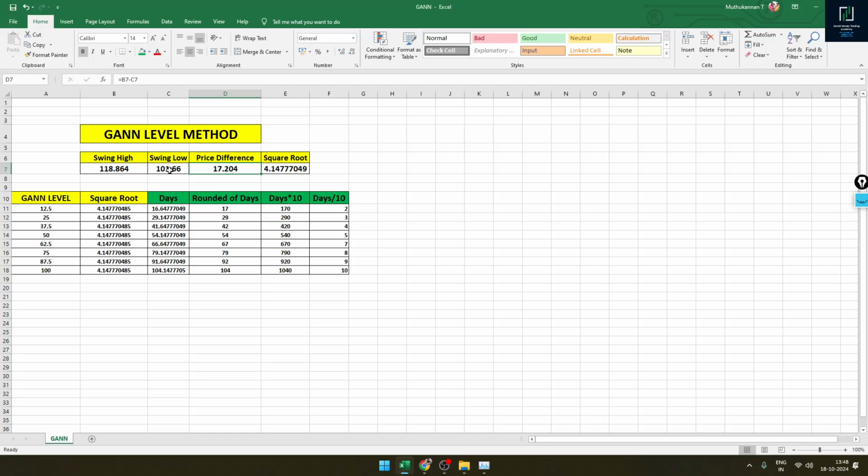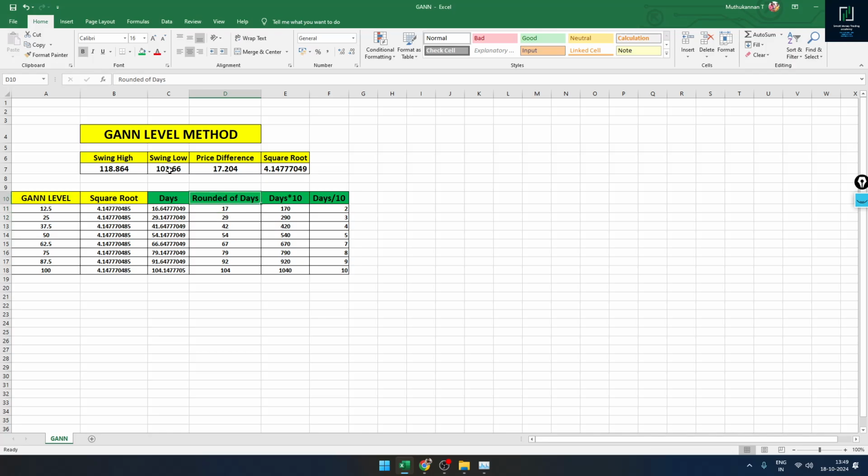So difference is 17 points and square root is 4.14, and Gann levels multiplied with the square root level, you get approximate, I mean exact date, but we have taken the rounded off dates. So take the rounded off dates. You can take this also if you want, if you have patience. 170 days, if you are ready to wait, you can see that also, but I'm going to take 17 days first.